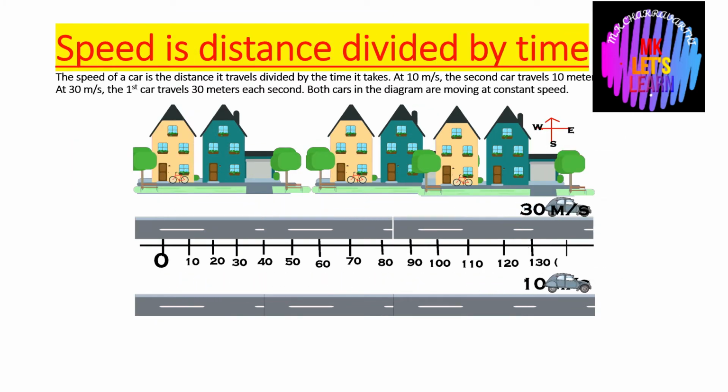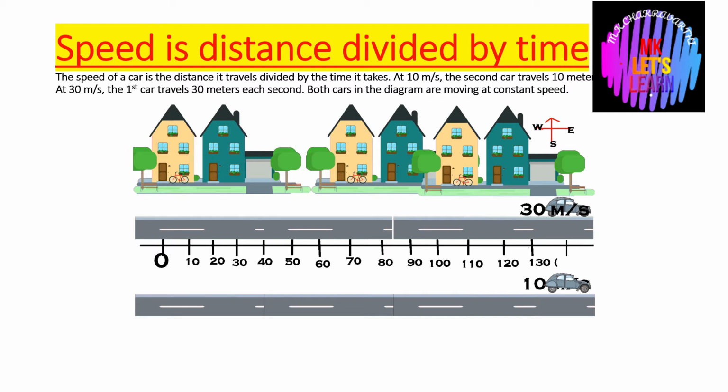We know that speed is distance divided by time. We can apply the speed definition to this particular example. The speed of a car is the distance it travels divided by the time it takes. At 10 meters per second, the second car travels 10 meters each second, while at 30 meters per second, the first car travels 30 meters each second.